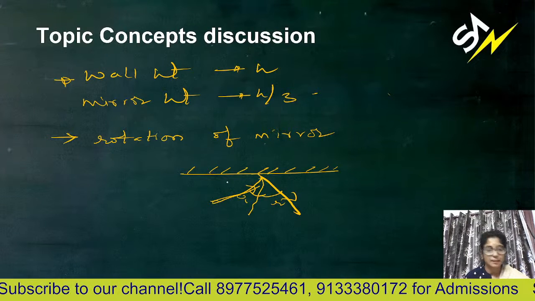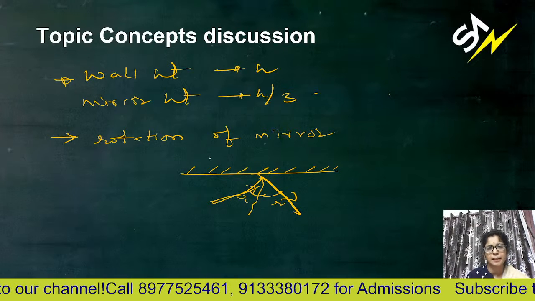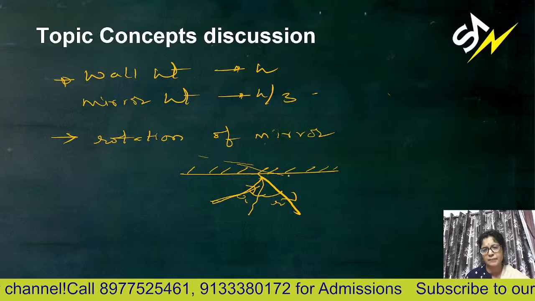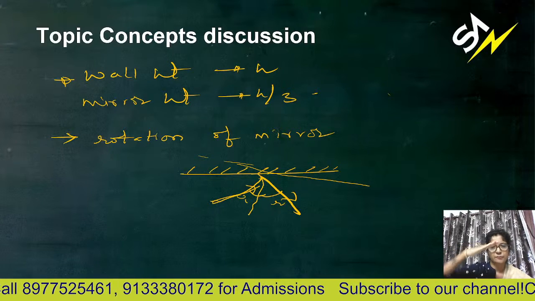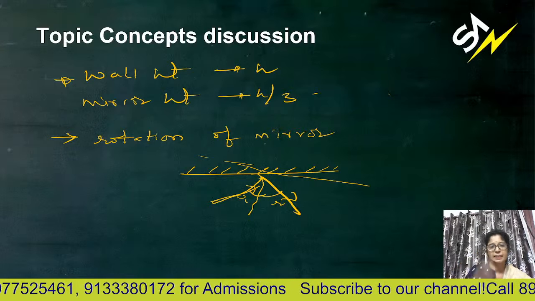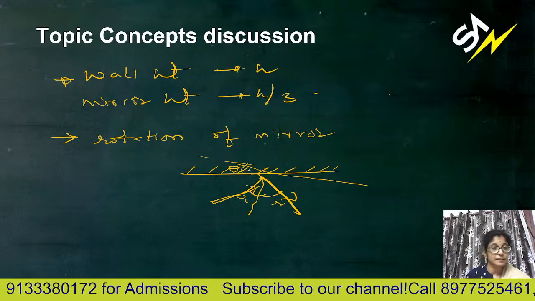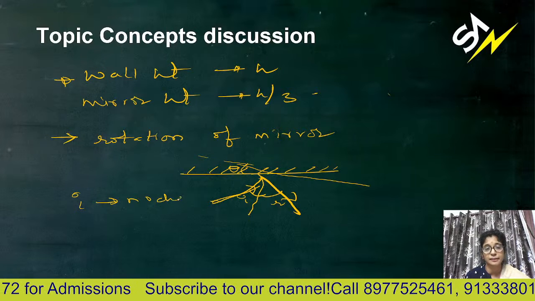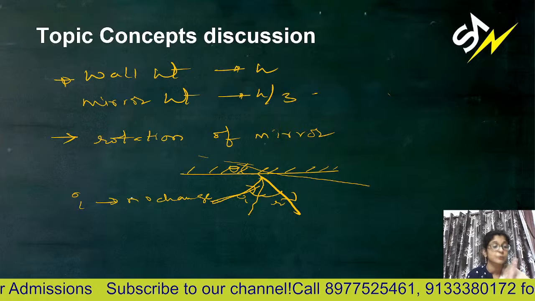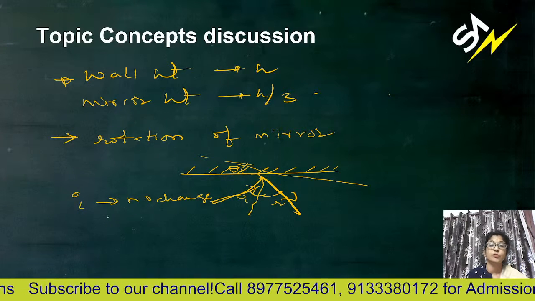So what happens if you rotate the mirror by an angle theta? I am just rotating it. Means the mirror was like this, and now I am moving the mirror slightly by theta. Then what happens to the incident ray? Incident ray doesn't change, because I am not changing the source. Until and unless I change the source, I doesn't change.